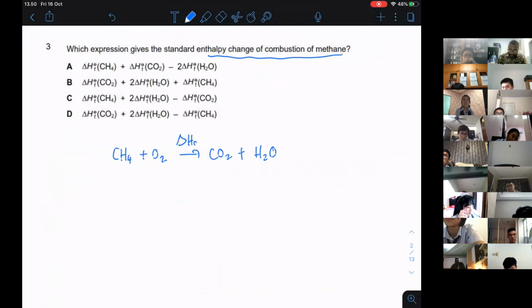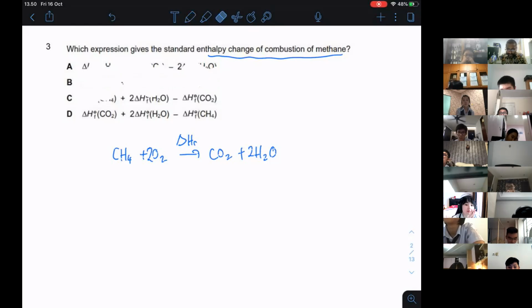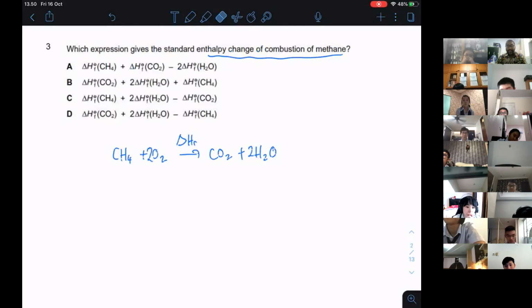So I put 2 there, and then I'm going to have 4 oxygen, so I put 2 over there. It's balanced. Now I do see in this equation everything to do with formation. If I want to refer to things with formation, I told you I have a magic method.